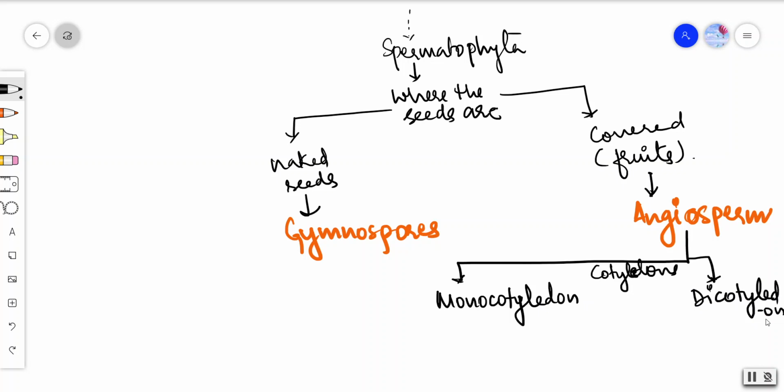So this is somewhat a general classification on the basis of characters, that is habitat. Clear? I hope everything is clear till now. It's a kind of boring thing, but we can make it interesting by getting interested in this particular topic.